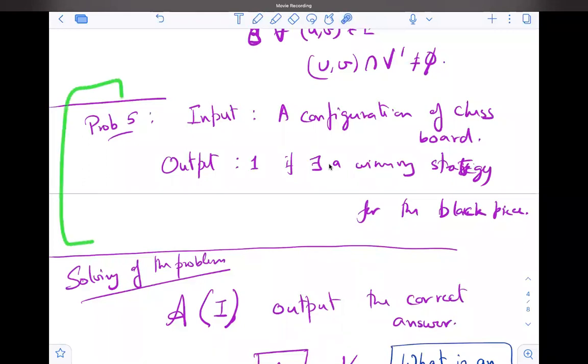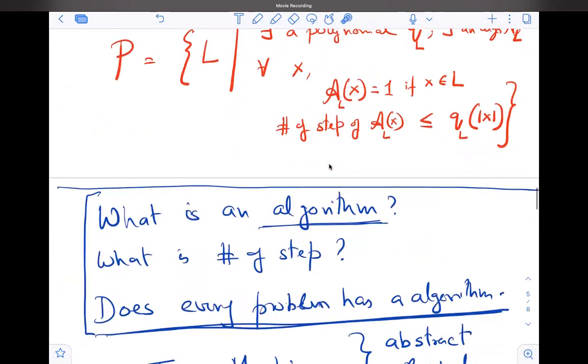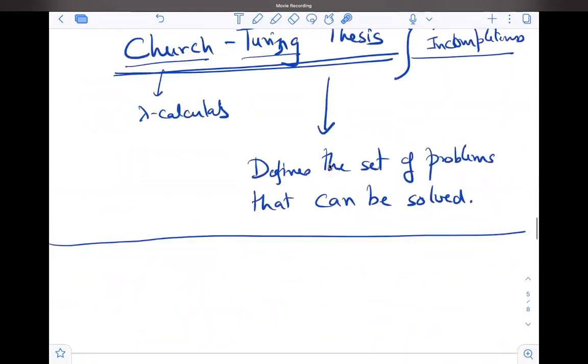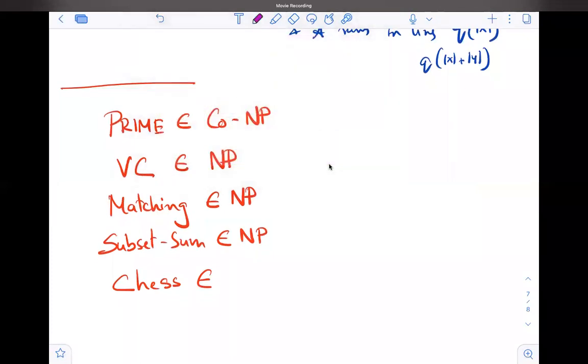It is not even in co-NP. At least not clear at all, right? I mean, we are not saying whether it belongs or not, but let's put it this way. We cannot show it to be in NP or in co-NP.